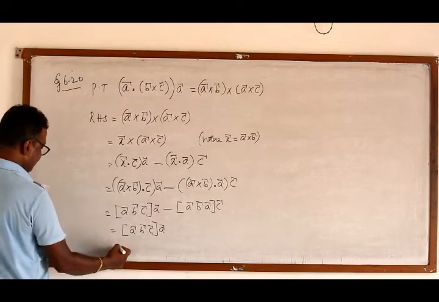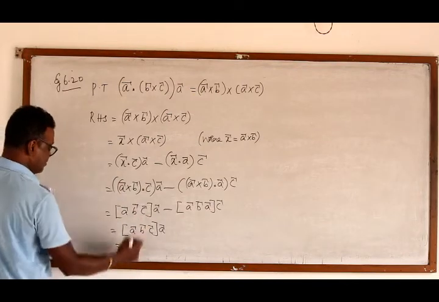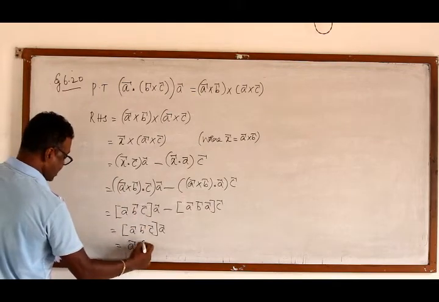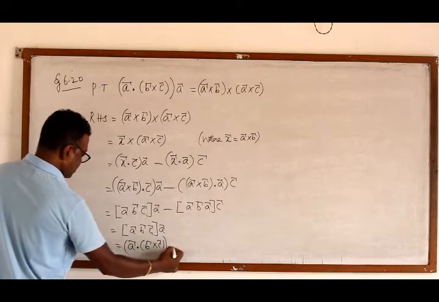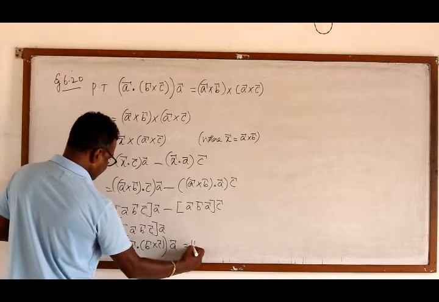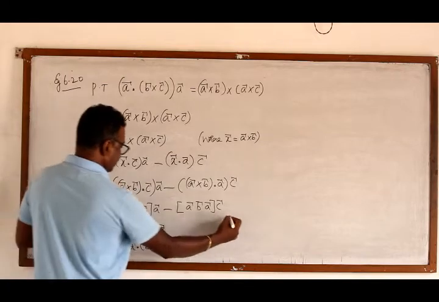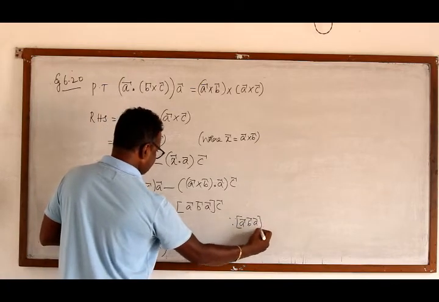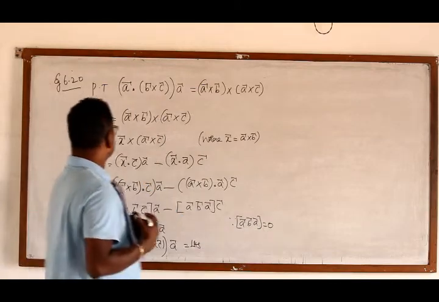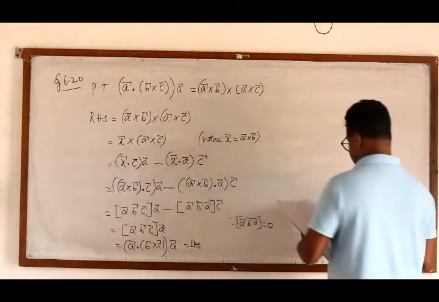Now again box product means 1 dot 1 cross, let me put dot first. So it is (A dot B cross C) into A vector. Is it not our left hand side? So here you write, since box product ABA is 0, with that this example gets over.